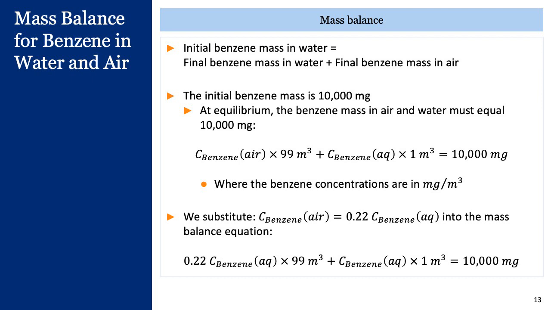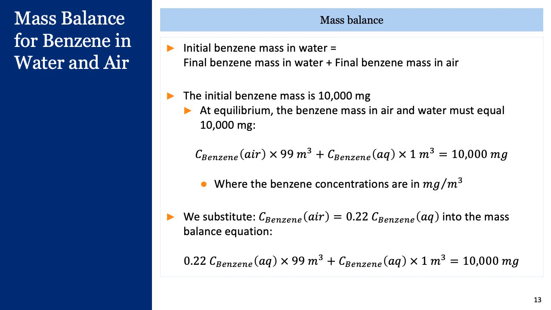We start off by doing a mass balance for benzene. The initial benzene mass in water is equal to the final benzene mass in water plus the final benzene mass in air. As I said earlier, the benzene concentration in the liquid is 10 milligrams per liter of water, and the tank contains 1 cubic meter or 1,000 liters of water.